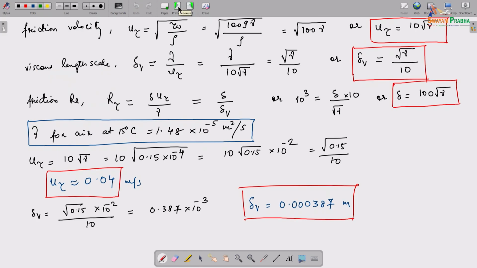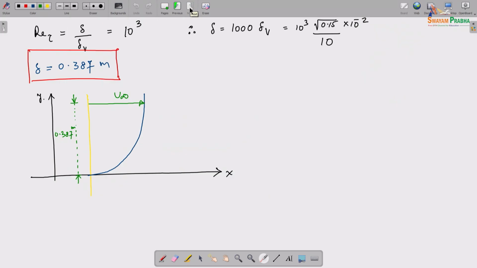This is delta, and delta V is actually this. It's actually 1/1000th of delta. I mean, you can see that here itself. So delta V is actually delta by 1000. Okay, so then we have a layer here.